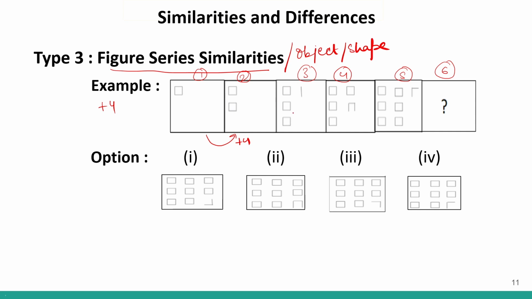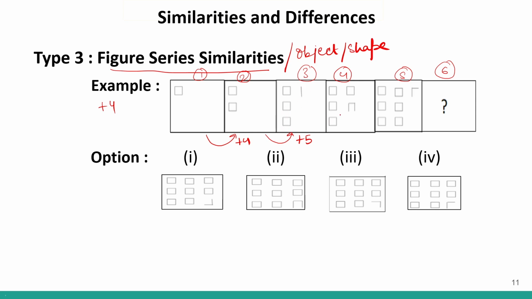Now, this was already done. This and this was already in the previous element, right? Now here I can see 1, 2, 3, 4 and 5. So 5 sides have been added in this, right? If we move from this element to this element, 5 sides have been added. How? 1 side, 2 side, 3 side, 4 side, and 5 side.